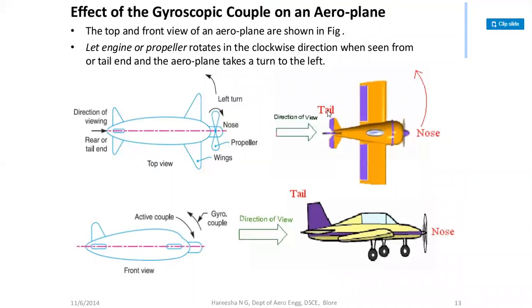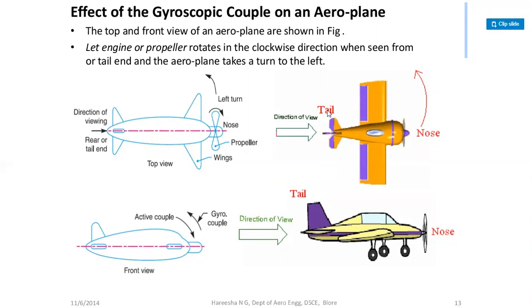As discussed in our previous lecture, case one: the propeller rotates in the clockwise direction when seen from the rear end, and the aeroplane takes a turn toward the left. These conditions are shown in this figure, right?